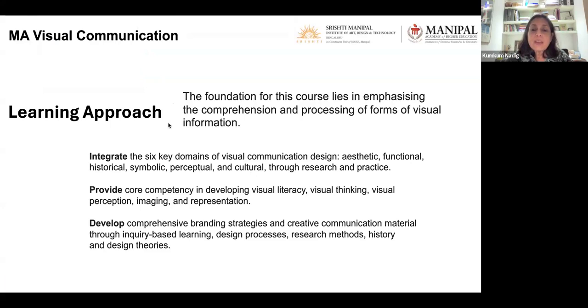This approach helps our students develop visual literacy, visual thinking, visual perception, imaging, and representation. In turn, that helps them create impactful communication material in the areas of branding, packaging, publication, illustration, digital design, motion design, and so on.